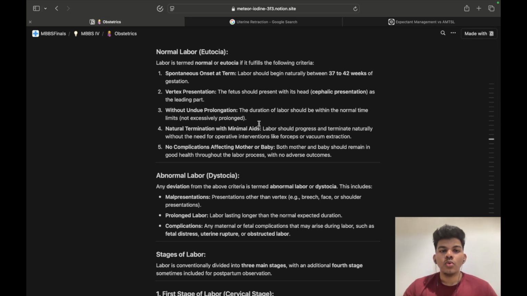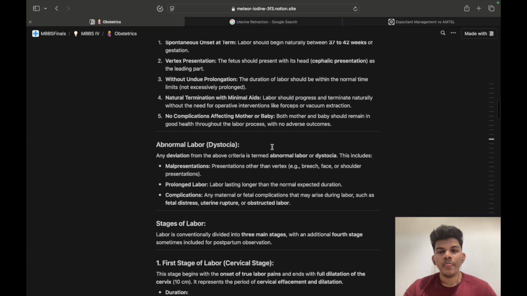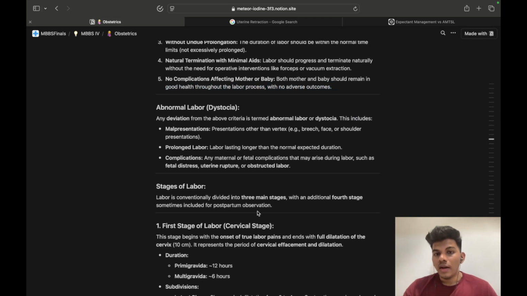Natural termination with minimal aid, as little aid as possible, so we don't want forceps or vacuum extraction. If it involves these, it is not normal labor. And no complications affecting mother or baby: both should remain in good health throughout the labor process without any adverse outcomes.